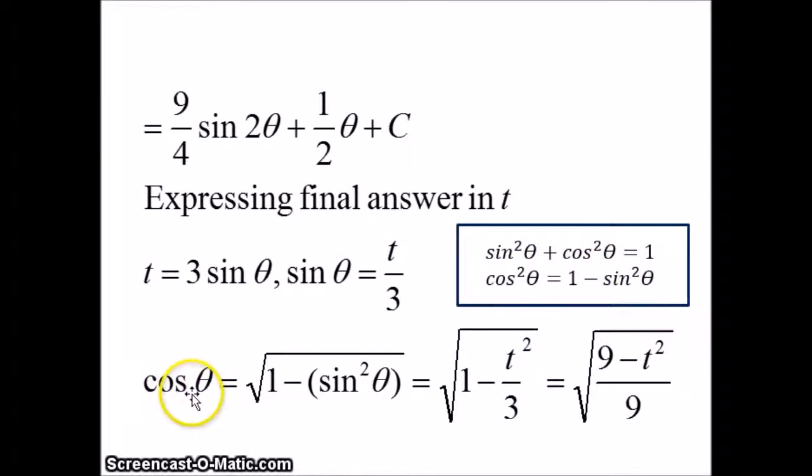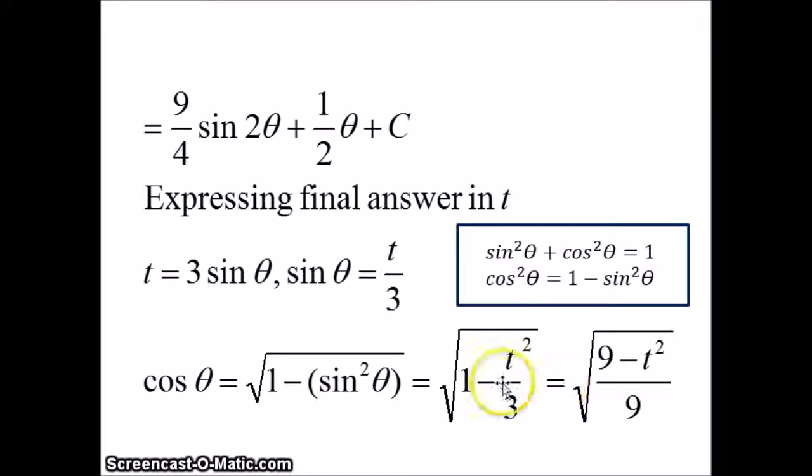Thus, our cos theta equal to the square root of 1 minus sine squared theta. Then this is equal to the square root of 1 minus t over 3 squared.